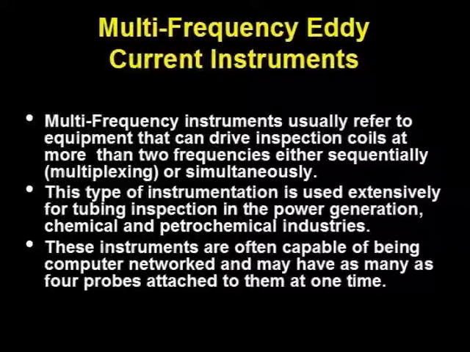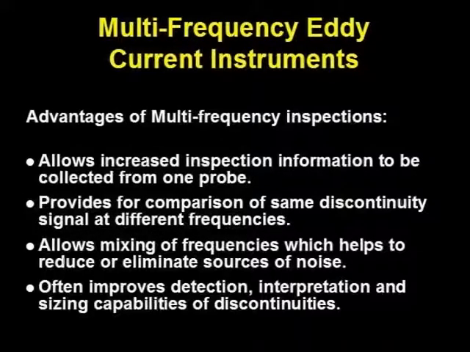Not only are some instruments capable of multiple simultaneous frequencies, but many can drive many different probes at the same time as well. These instruments are often used in the power generation and petrochemical industries.